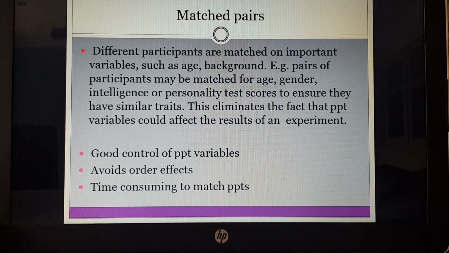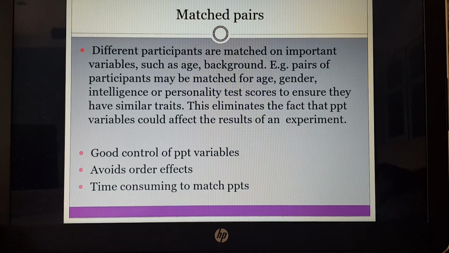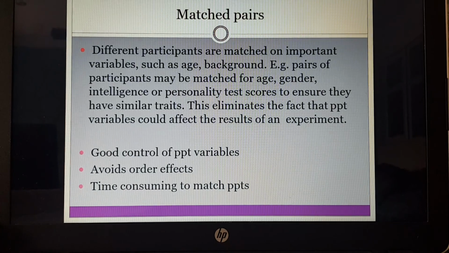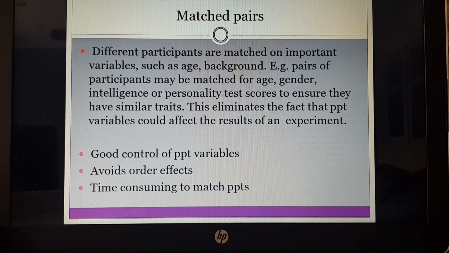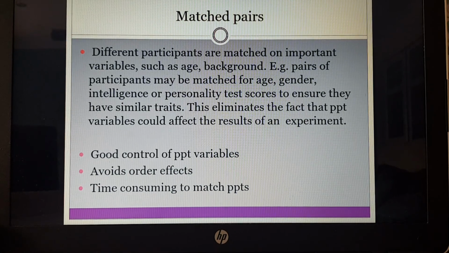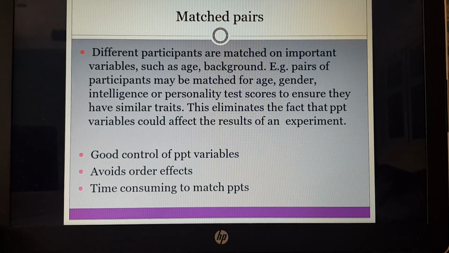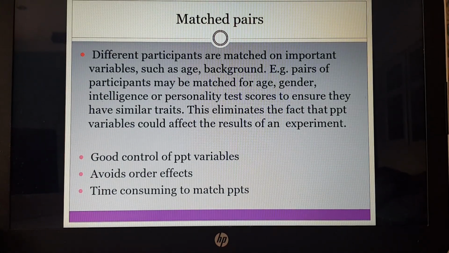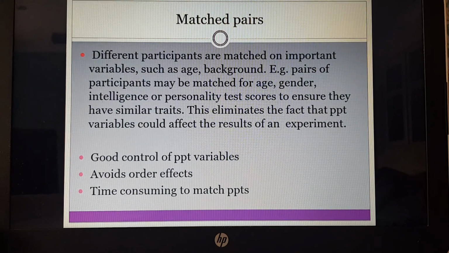Pairs of participants might be matched for age, gender, intelligence, or personality test scores to ensure they have similar traits. So with matched pairs, we're eliminating the fact that other variables could affect our results. Matched pairs is a good design to use because it has good control of participant variables, as we're trying to match them on the same characteristics.